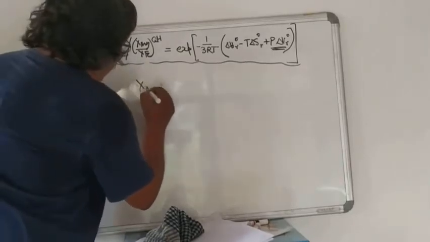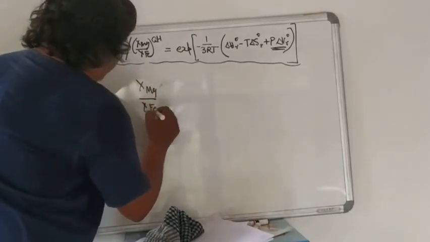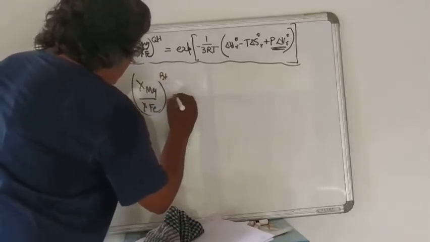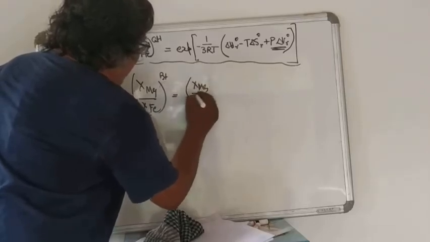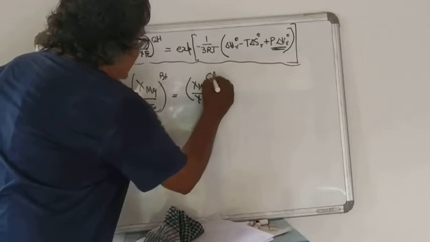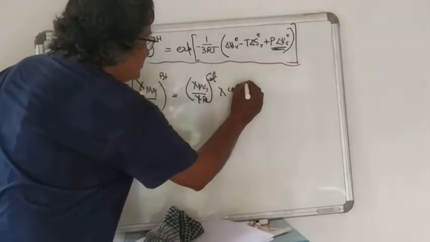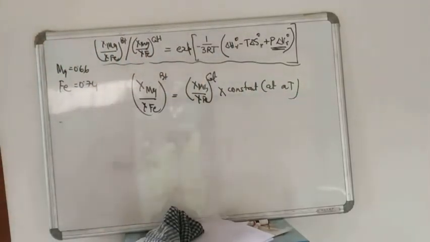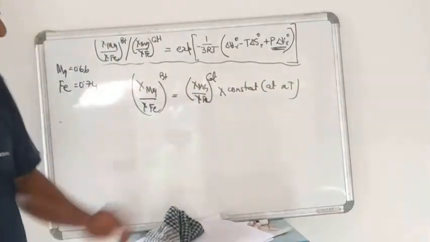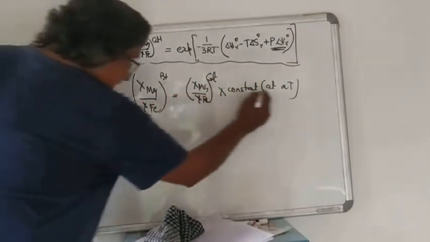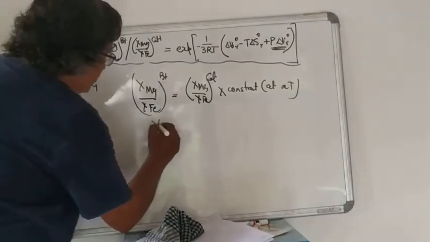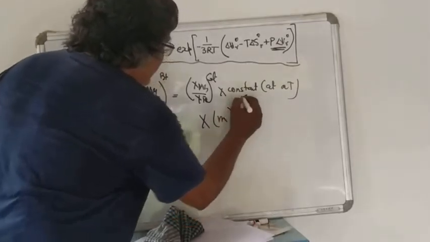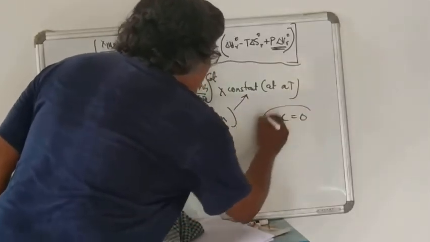So I can write XMg by XFe in biotite is equal to XMg by XFe in garnet into a constant at a particular P and T. If I see at a particular T value, if I get this term, then this is Y is equal to X into M, this value is M, plus C, with C equal to 0.